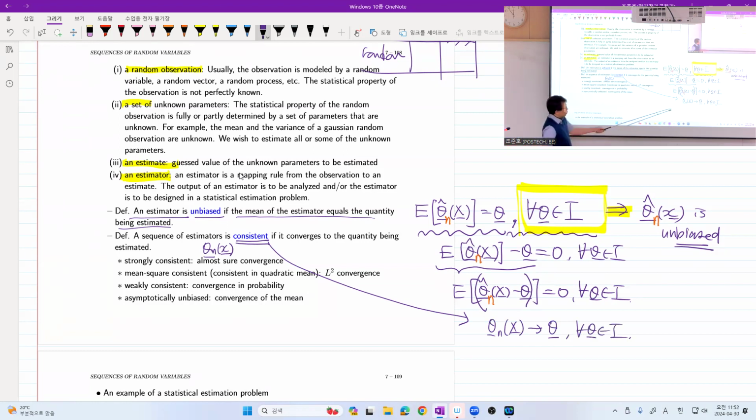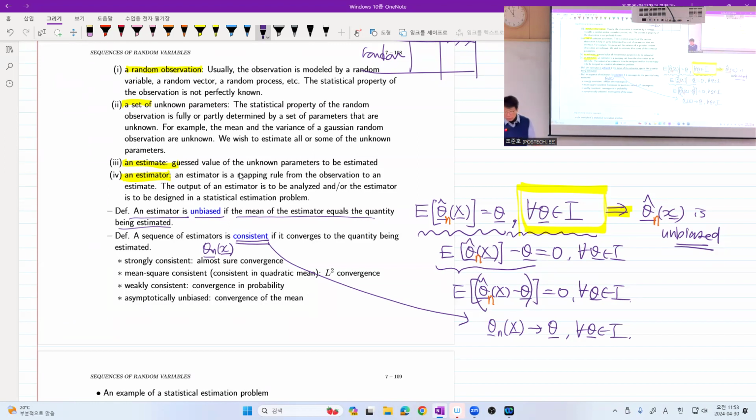So in this case, this is a random quantity, right? And this is a non-random thing. So it's like the strong law of large numbers or weak law of large numbers. It's a convergence of a sequence of random vectors to a vector. But this could be too strong.